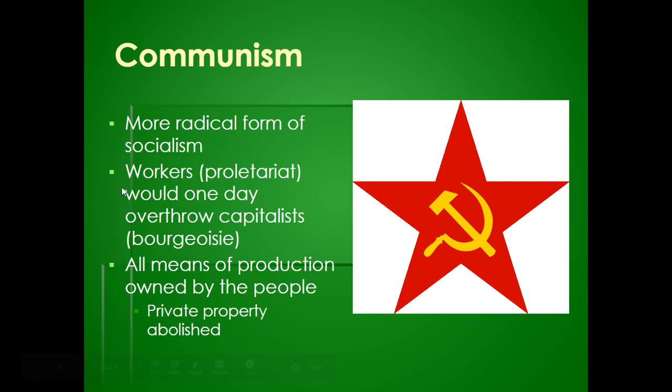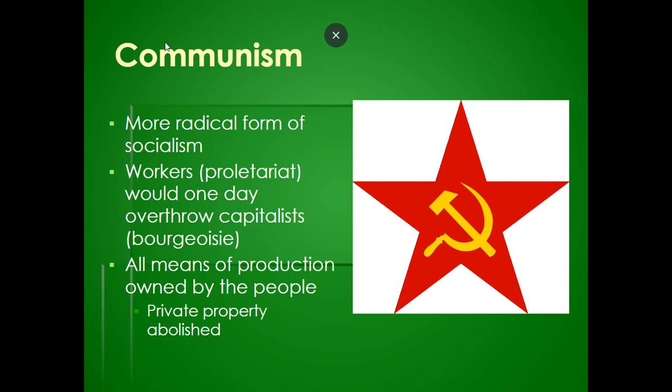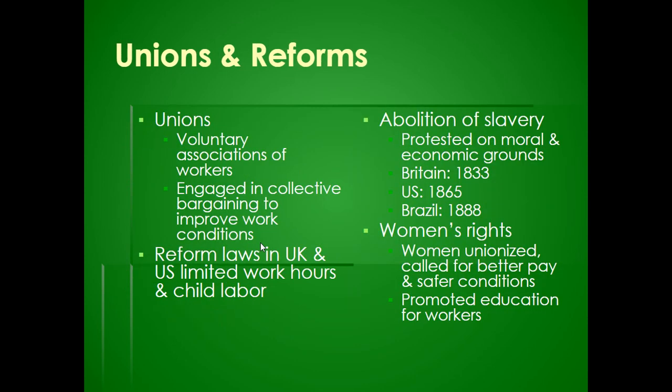So this is why you don't see this as a popular form of government, because really in practice, it doesn't work. And the way that people try to implement communism doesn't always follow this working class overthrowing the capitalist. So some of the reforms that take place, remember I said communism doesn't really work in practice because a lot of reforms take place.